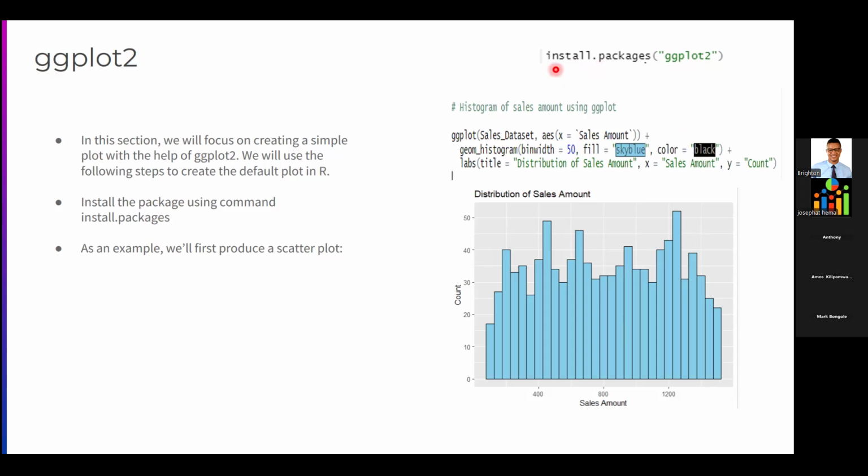So if you haven't run this command at any point, you need to run this command in your R script. And we're going to look at how to create a histogram of sales amount using ggplot. If you remember, last time we created a histogram, but we didn't use ggplot. We used the bin method, and we are going to see it today as well and reperform that bin method. But this is ggplot. So you see here what is happening.